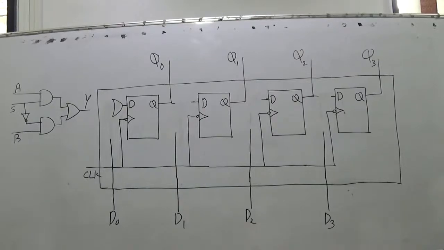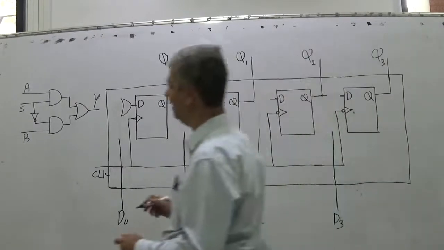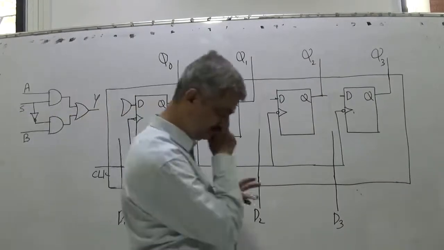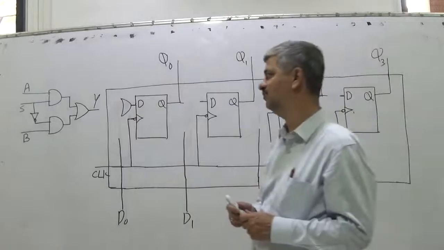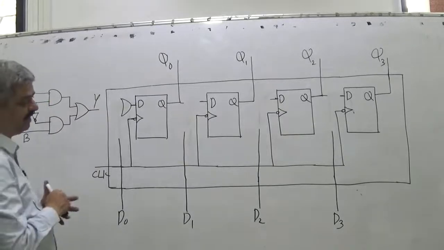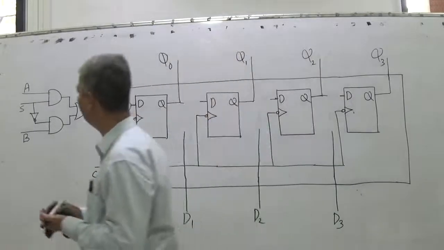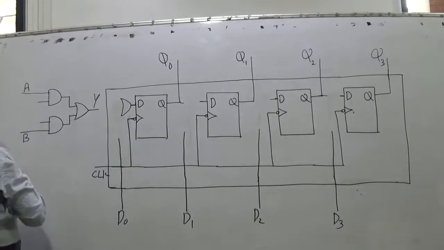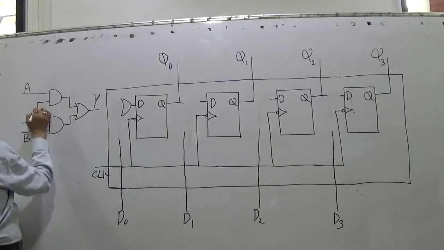This is the most simple circuit. A, S, B and Y. What is going to happen if S is 0 and if S is 1? I will make a small change, not needed, but it is normally a convention, so I am drawing it.